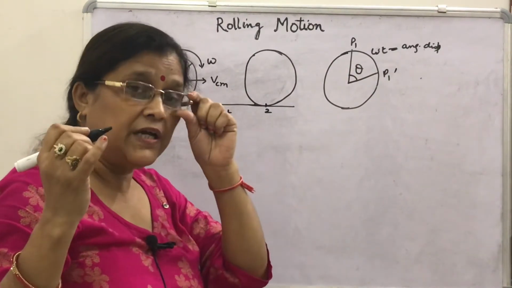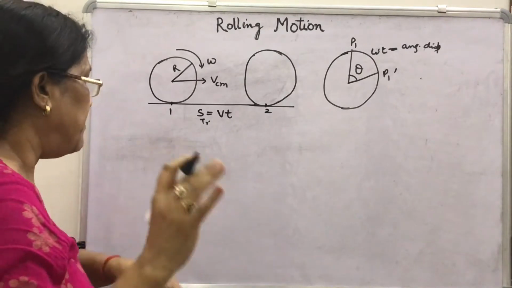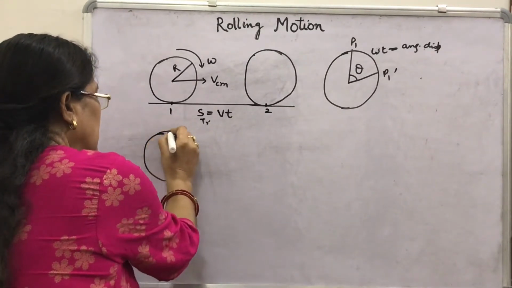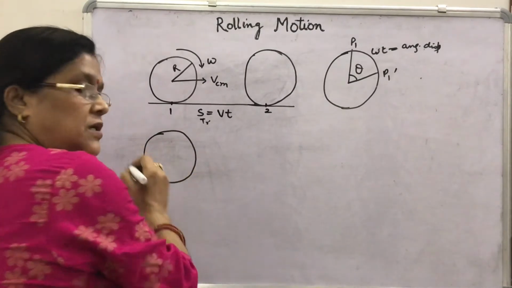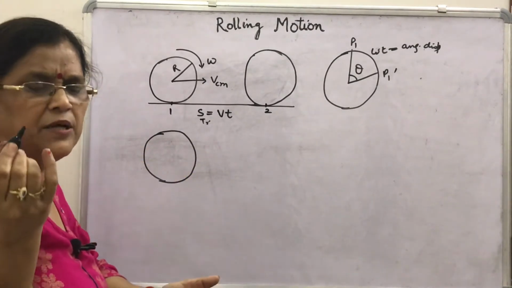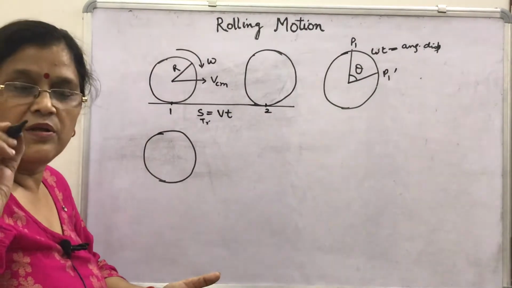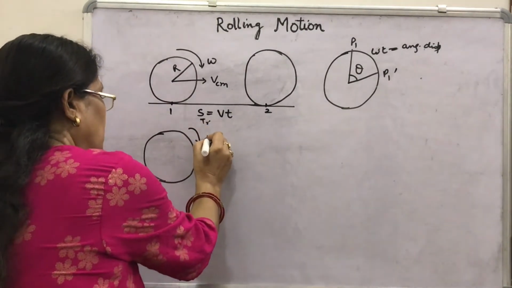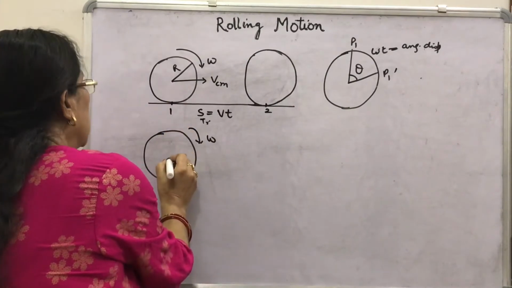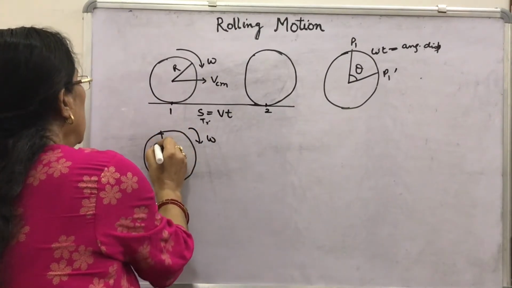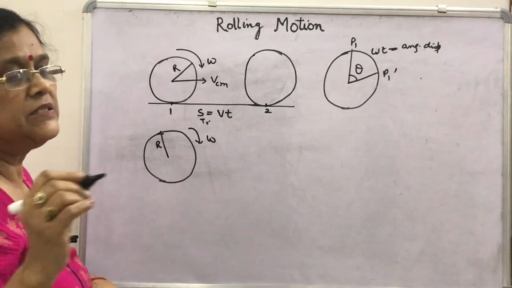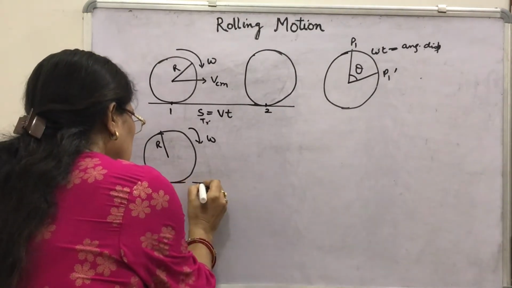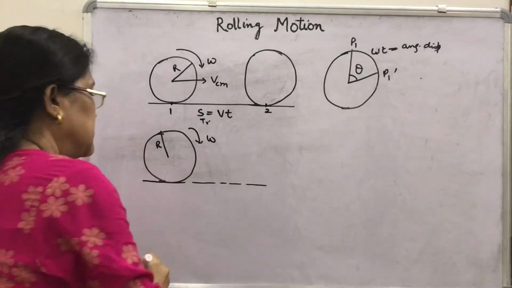We can understand with the help of one example. Suppose this is the same object of mass m and radius r, which is in rolling motion. The angular velocity is omega and its radius is r. It is given that it is rolling on a level surface like this.